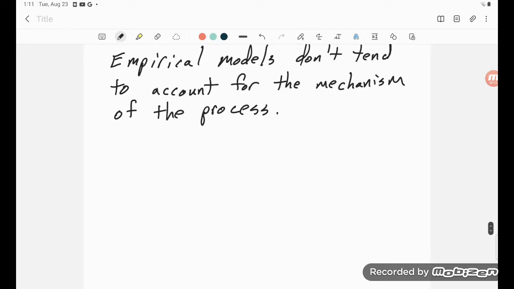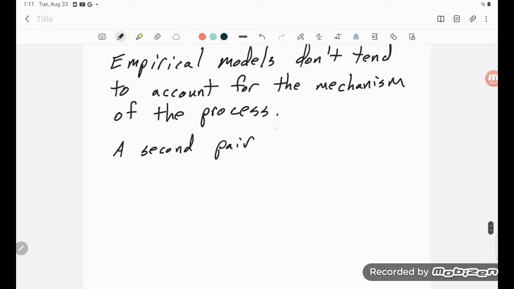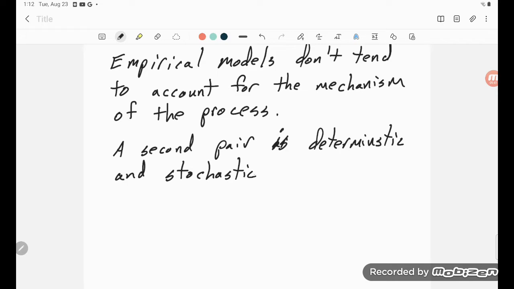But then also, a second pair is deterministic and stochastic. So deterministic is not any randomness or chance to it.